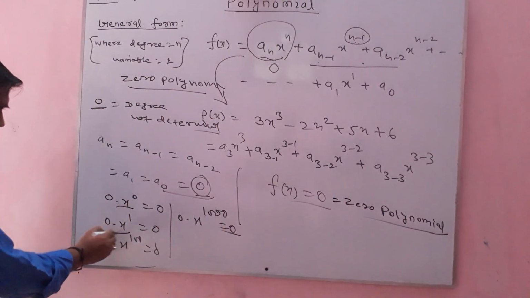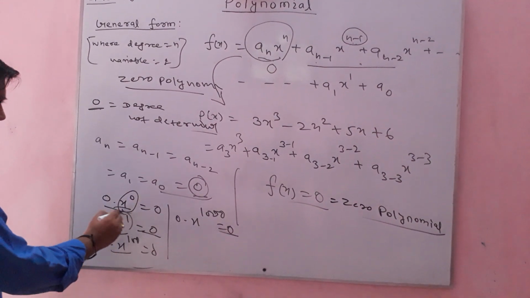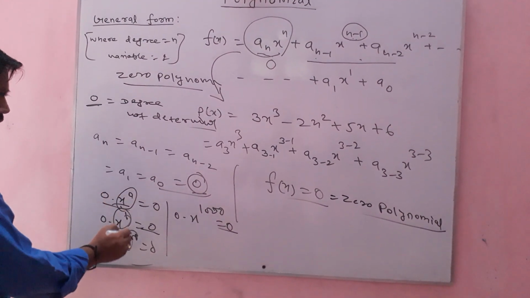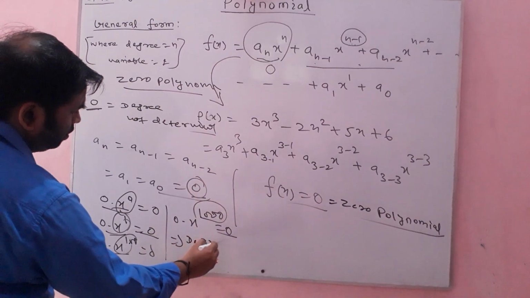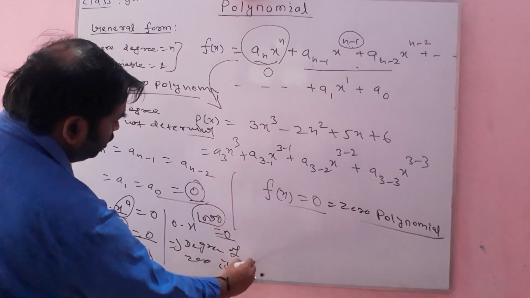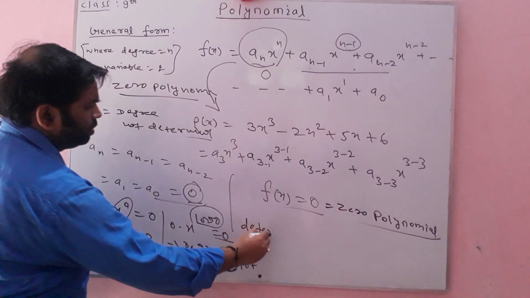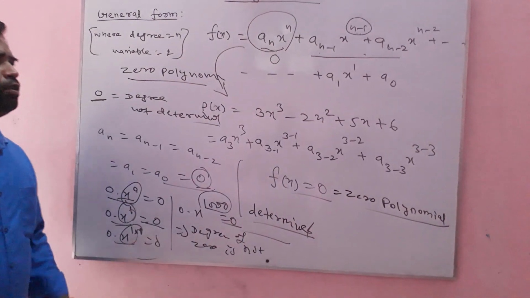In each and every term the value is 0, whatever the degree is. That's why the degree of 0 is not determined, meaning undefined. So now you understand.